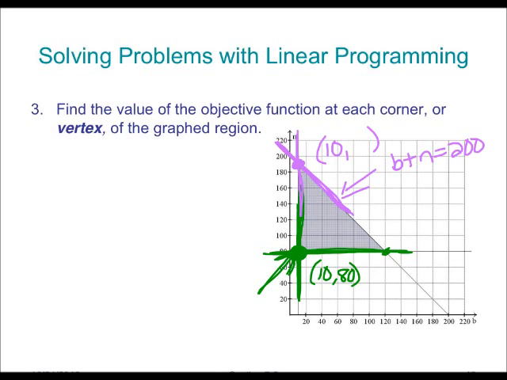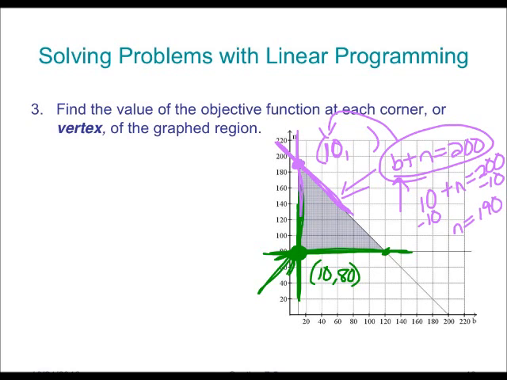So where those two lines cross, that vertical line, b equals 10, and this line, I know the b has to equal 10. I already know that from this right here. So if the b equals 10, and I solve for n, I subtract 10, I know that n has to equal 190.